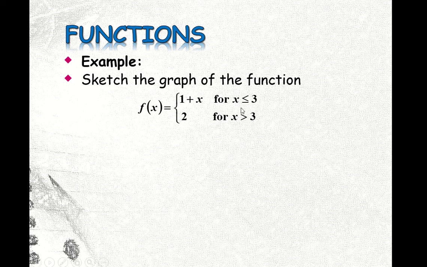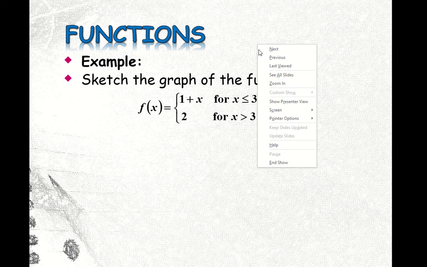Let us look at this first condition. The first condition here is that x is less than or equal to 3. So let's refer to our interval in our number line system.